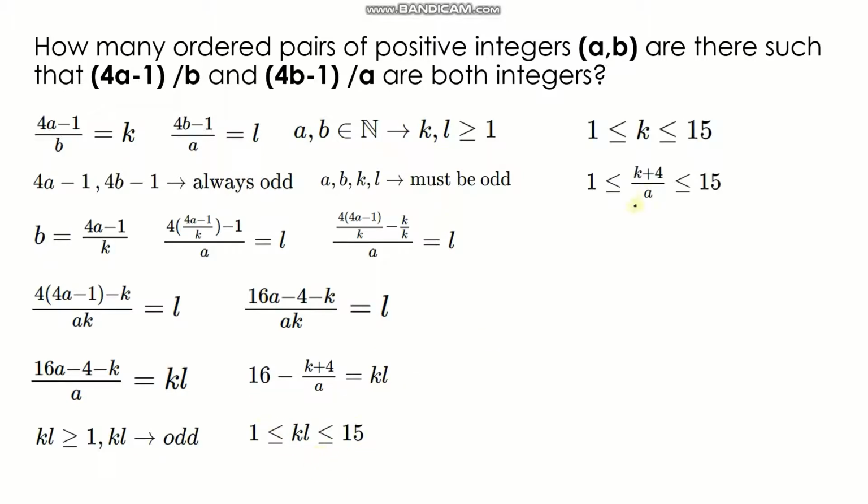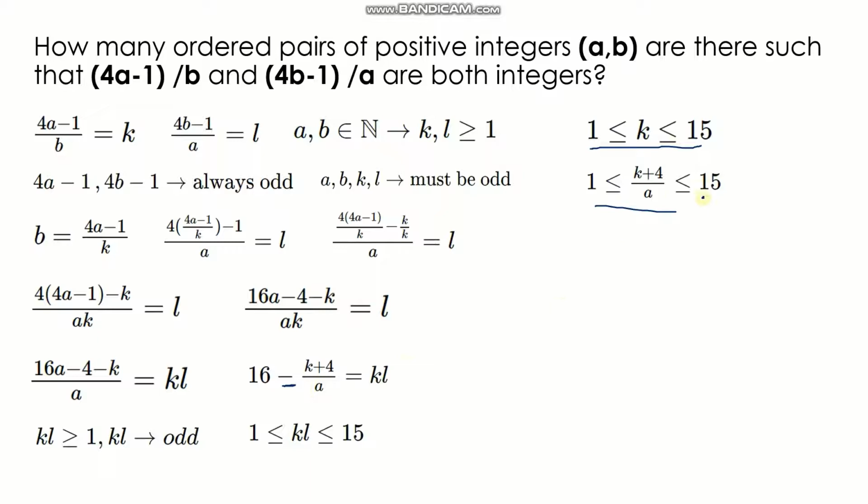Since kL is between 1 and 15, we can say that k is between 1 and 15. And the term k + 4/a must also be between 1 and 15, so that we will not make kL a negative integer.